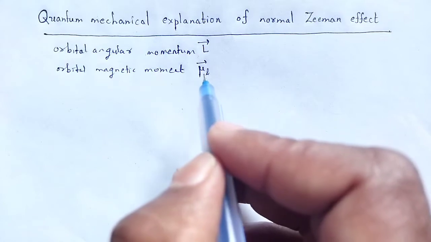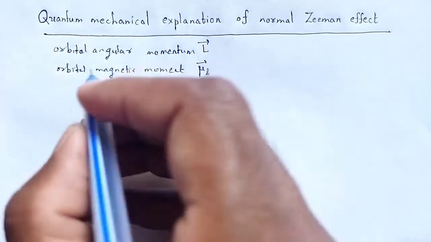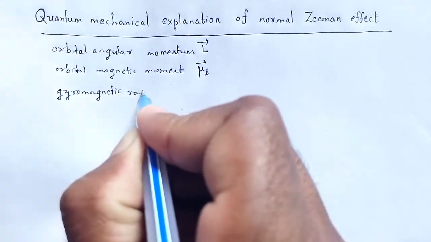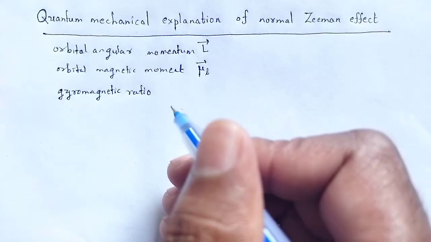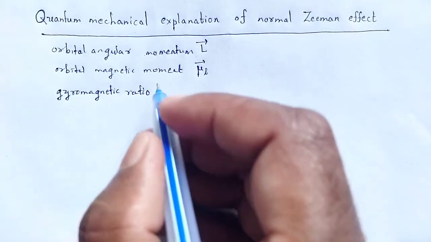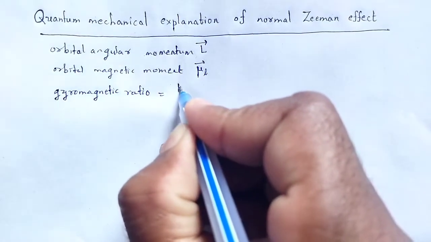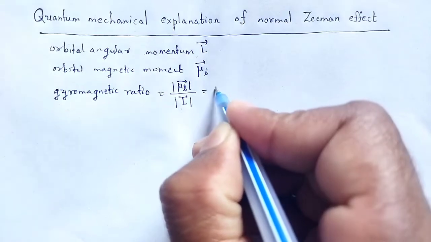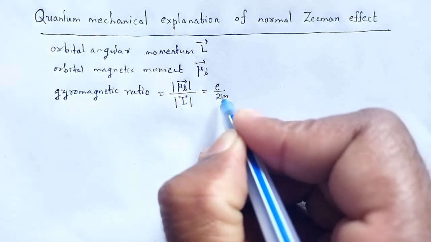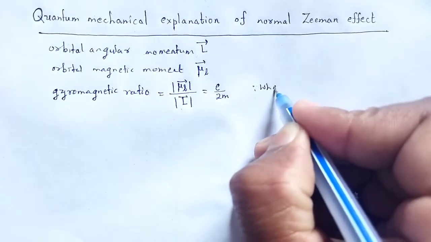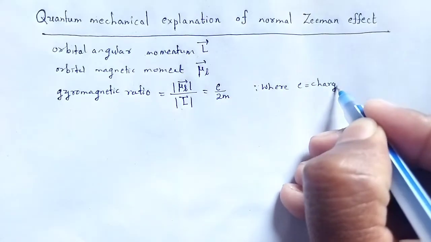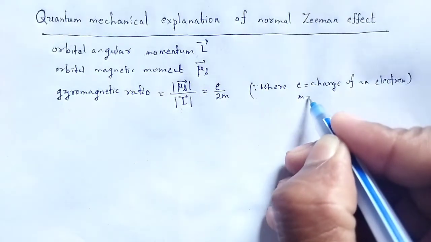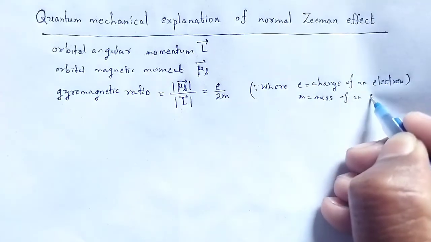The gyromagnetic ratio of these polyelectronic atoms is given as the ratio of the magnitude of mu L to that of L, which is equal to e by 2m, where e stands for the charge of an electron and m stands for the mass of an electron.